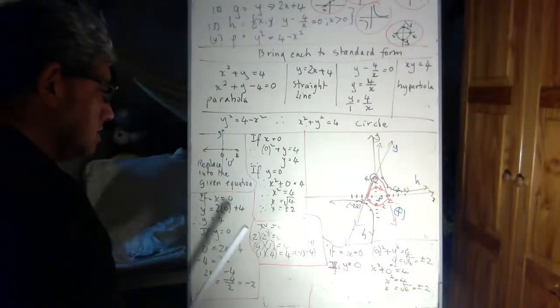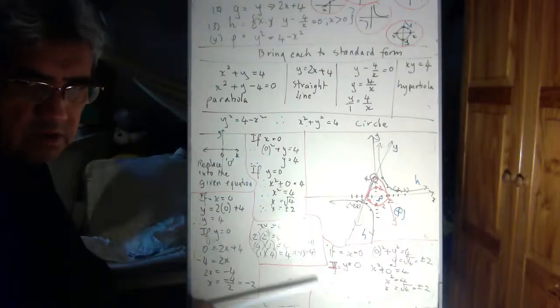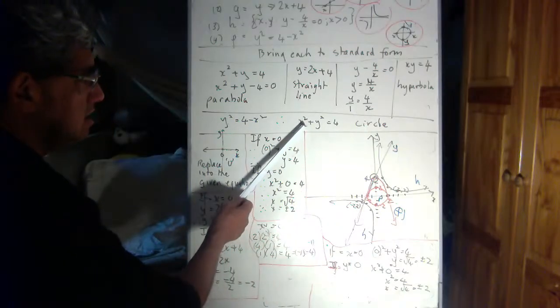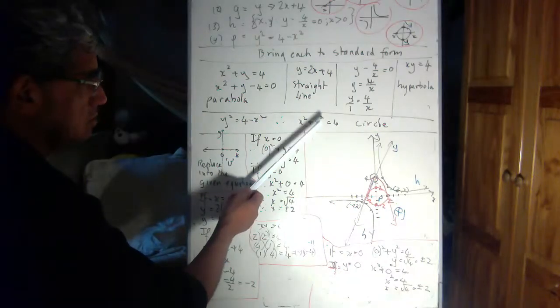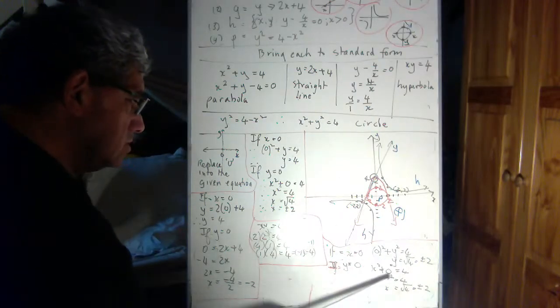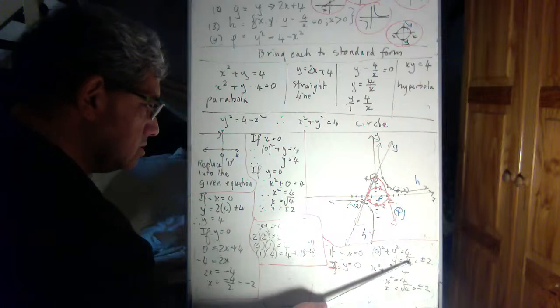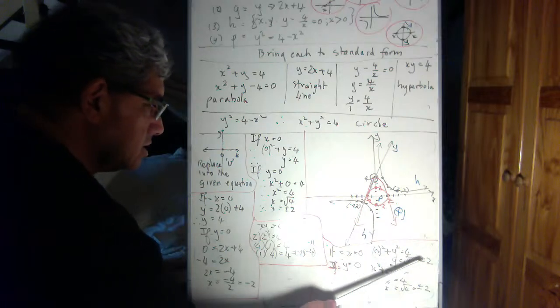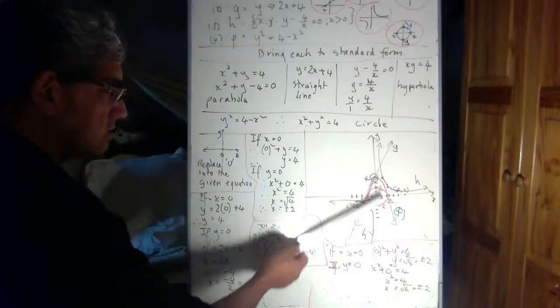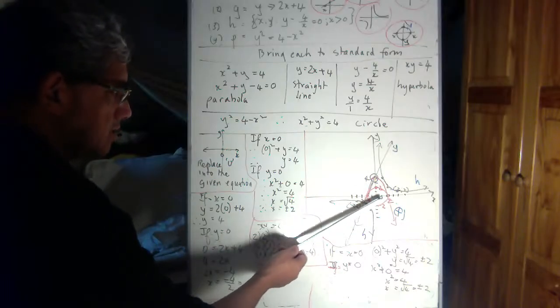We now go to the circle, and hopefully you can see this. If x is naught, if you put it in this one here, then x to the power naught will be naught. So y squared is equal to 4. So y is equal to square root of 4, which is plus or minus 2. So plus 2 and minus 2. So if x is naught, y is plus 2 and minus 2.